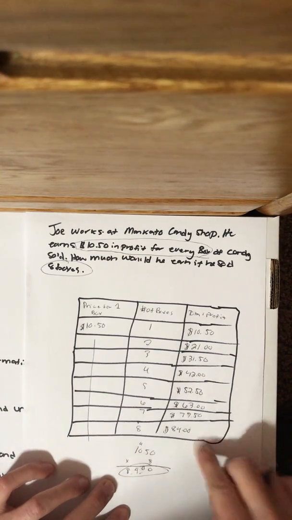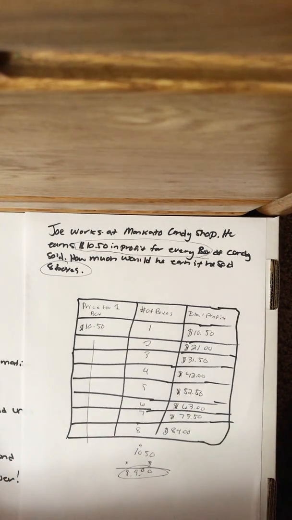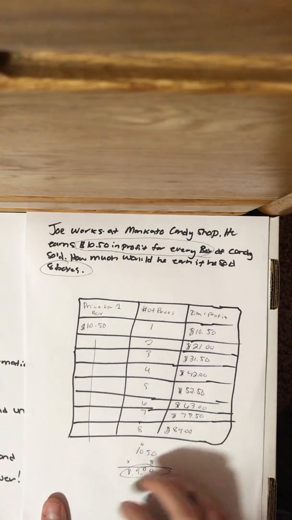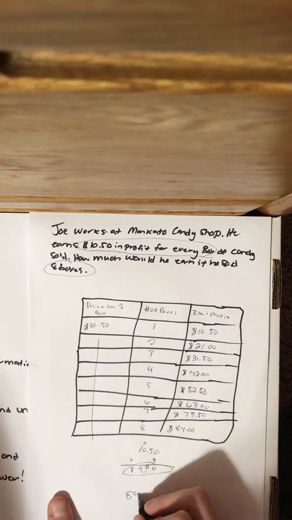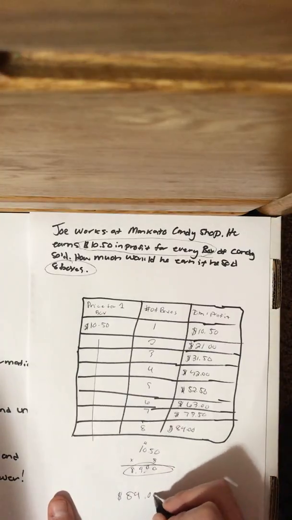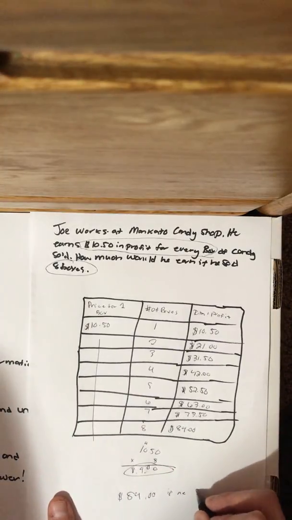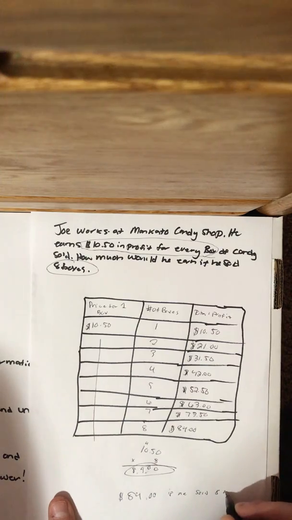So we know 84 and 84, and then you plug it into your calculator, and you get $84 too. So we got 84 three times, so we know that 84 is correct. So to answer our problem, he would profit $84 if he sold 8 boxes.